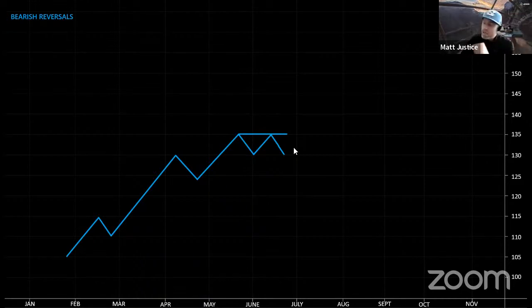Now, when you're looking at this, you have step 1, the slowing momentum. Step 2 is the double top. Step 3 is the double bottom. Once again, step 4 is that violation of support right there. Once you violate support, that's the confirmation of the bearish downtrend, and thus now bears have an edge.